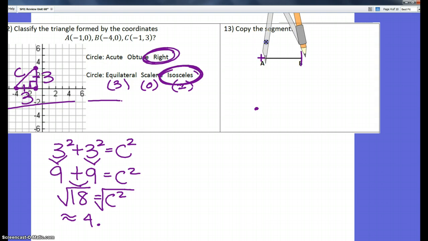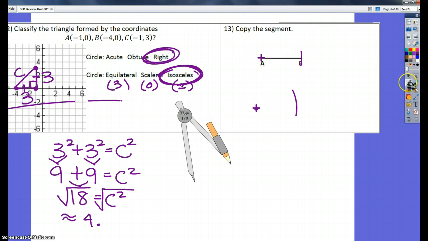Okay, and then you're going to take your compass, drop it down on the other point, keep that same measurement, and you're going to swing your arc again, that same arc. So if it's the same arc and you use your straight edge, you can connect it to any point on that, because you know that these must be the same length if you use the same radius. So I'd call this A prime, B prime.